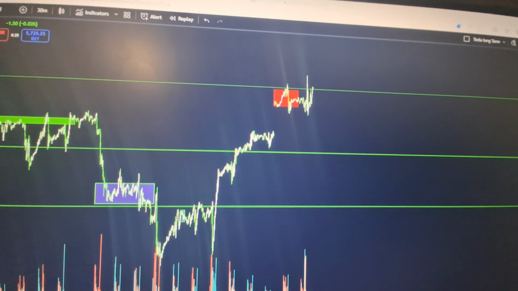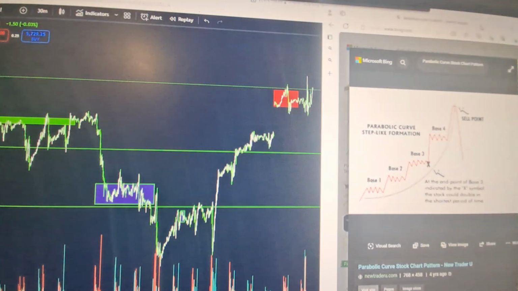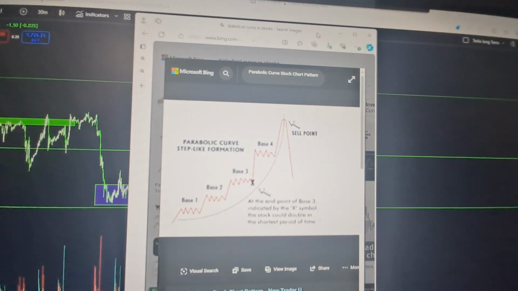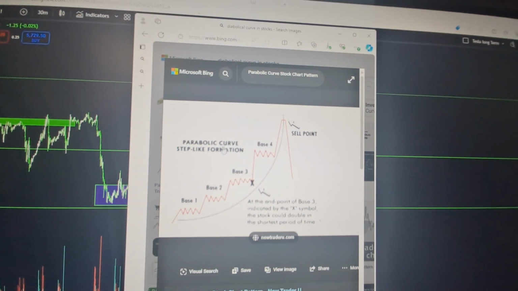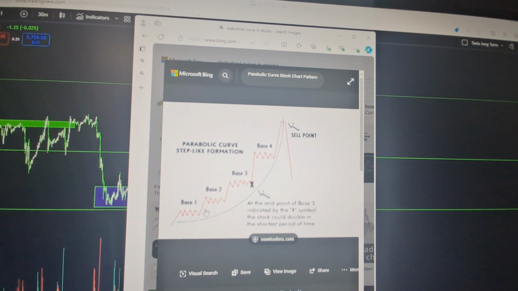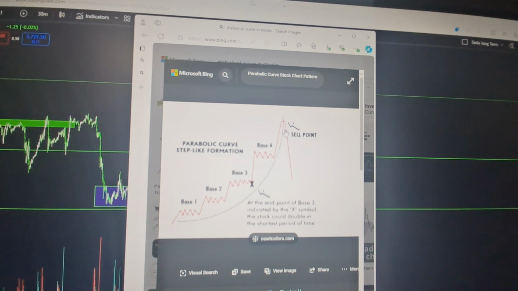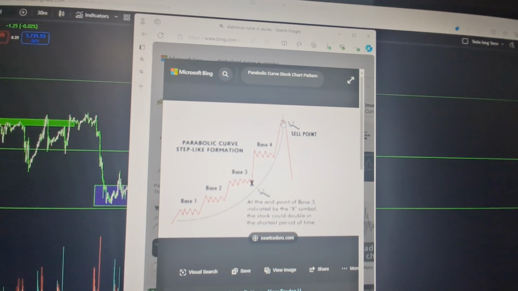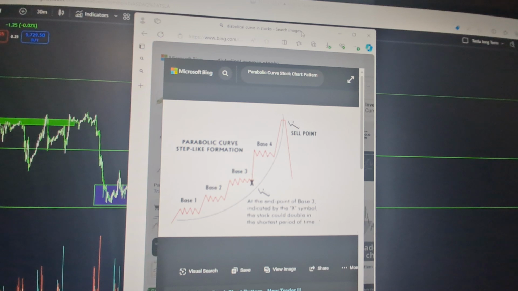This picture here is what a parabolic curve, a diabolical curve, looks like. If you notice, you have your base, the first move, second base, third base, fourth base, and then this large spike is called a blow off top, right?